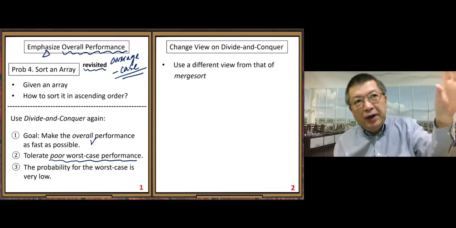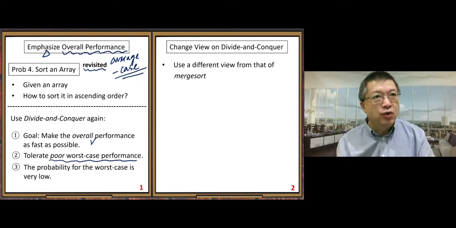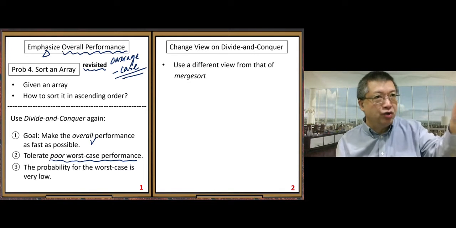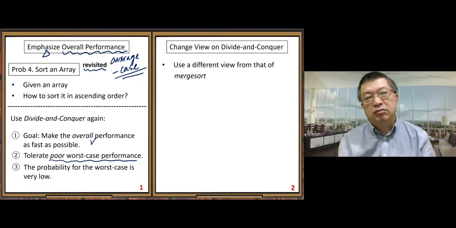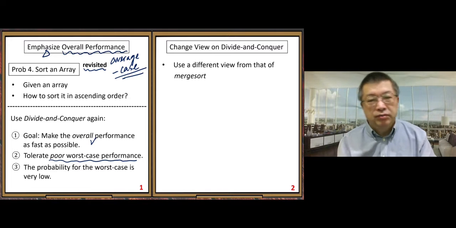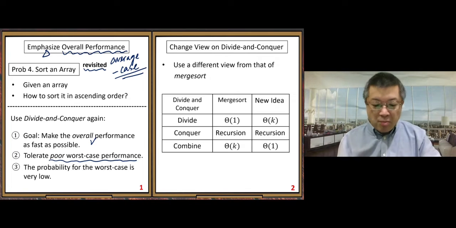Later we will practice merge sort. In our homework number 2, we need to practice merge sort a lot. So I hope you study the videos of merge sort. All right, let's do the comparison here.